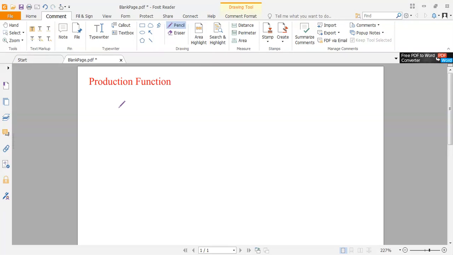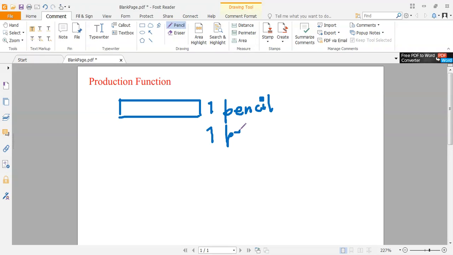Let's suppose I am a shopkeeper, and I sell pencil boxes. I have this commodity called a pencil box, and for every pencil box I need one pencil, one pen, and one eraser.